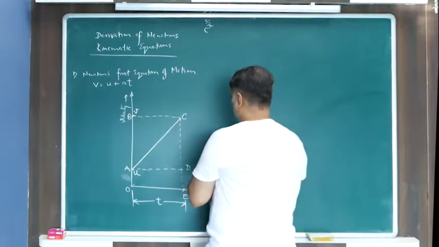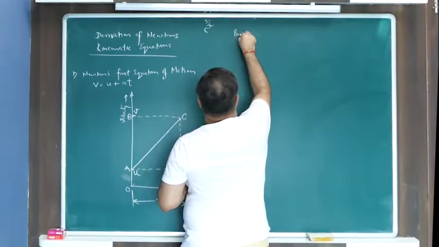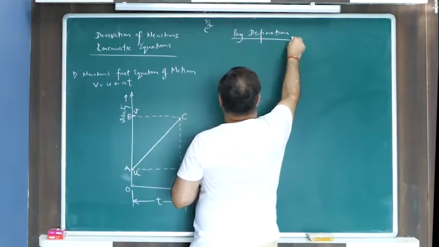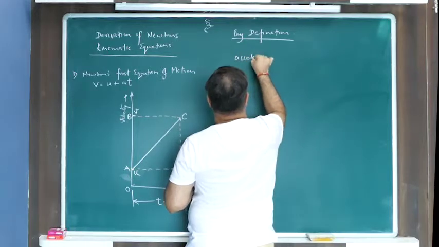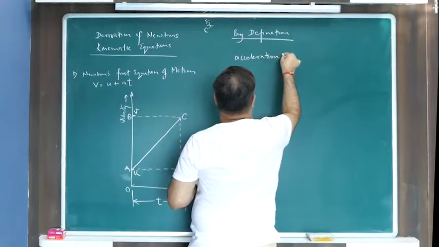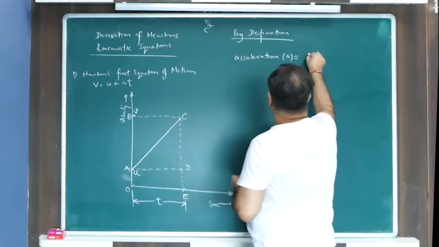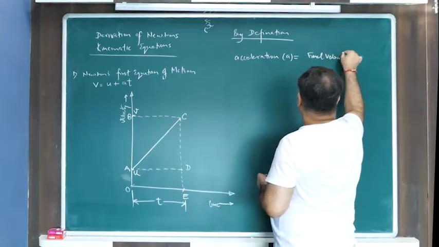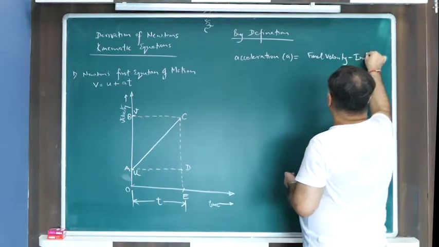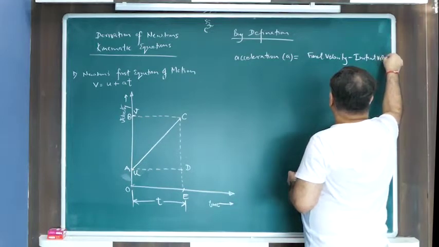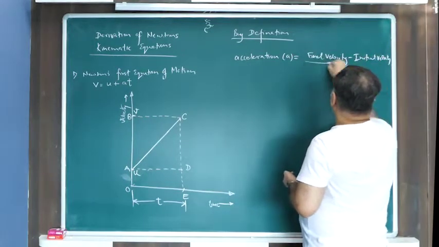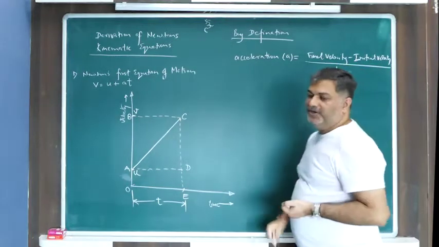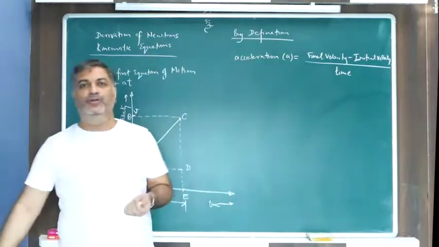By definition, acceleration a is equal to final velocity minus initial velocity, the whole divided by time.